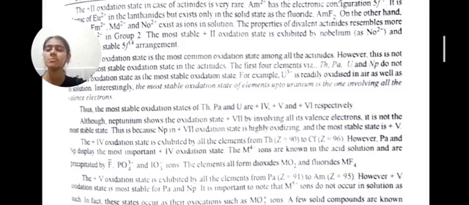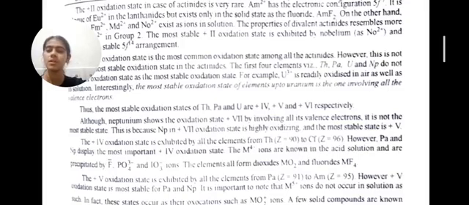Although neptunium shows the oxidation state +7 by involving all its valence electrons, it is not the most stable state. This is because Np(VII) is highly oxidizing and the most stable state is +5. The +4 oxidation state is exhibited by all the elements from thorium to californium.